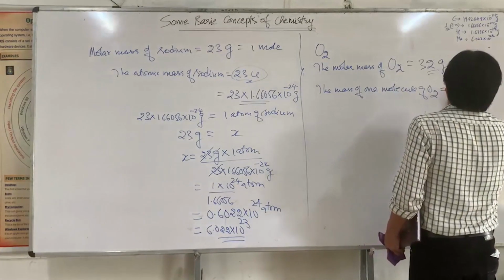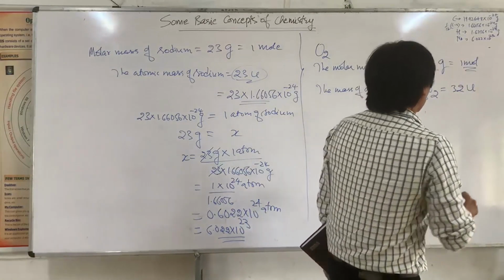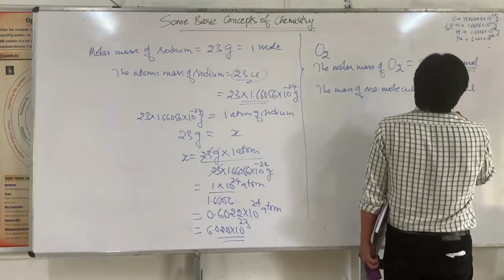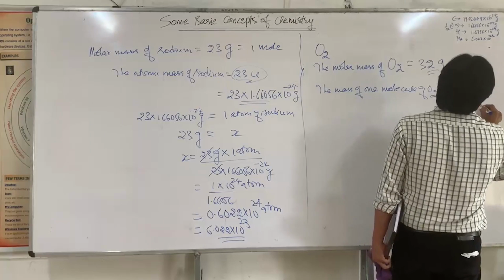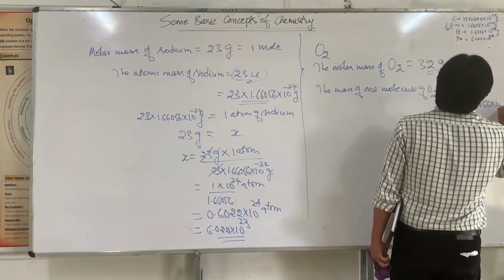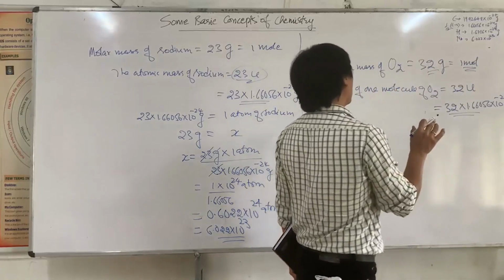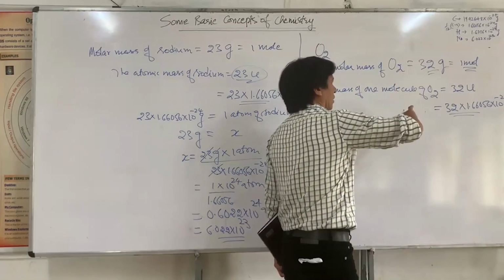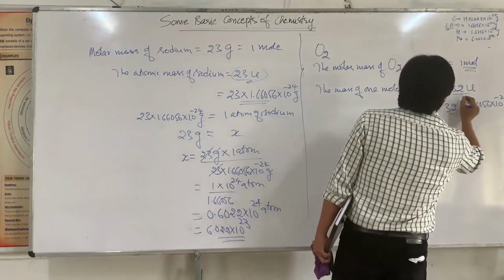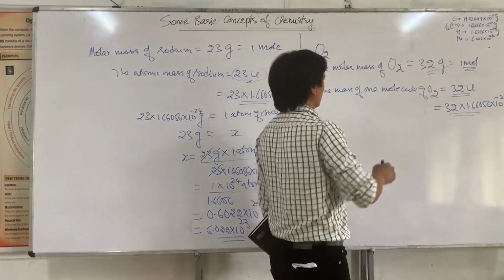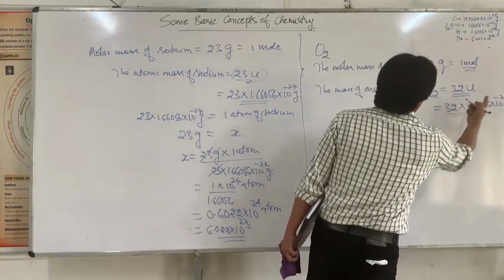The molecular mass is 32 unified mass. This actually means it is 32 into 1.66056 into 10 raised power negative 24 grams. This is the actual mass of 1 molecule of oxygen in grams. This is the molecular mass, right? So the mass of 1 molecule of oxygen is 32 unified mass.